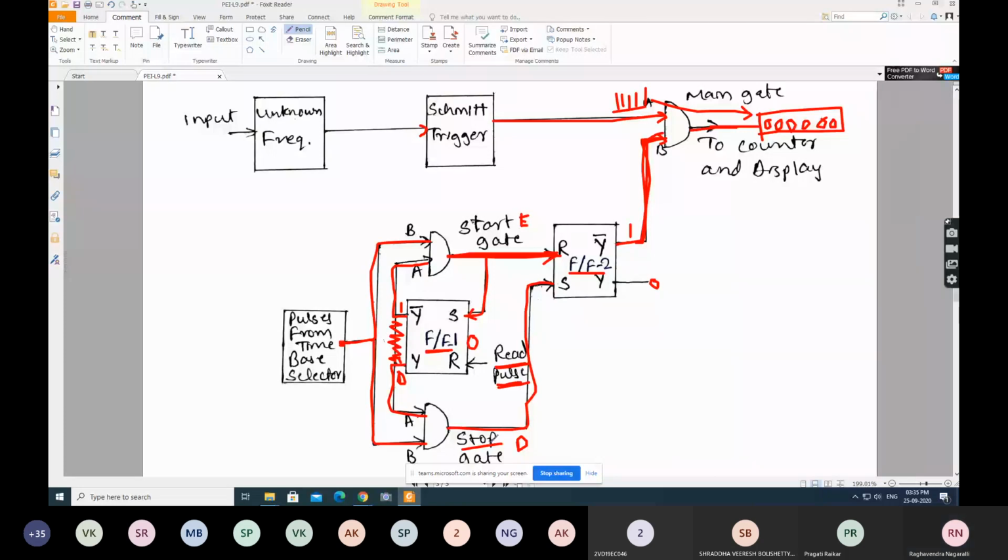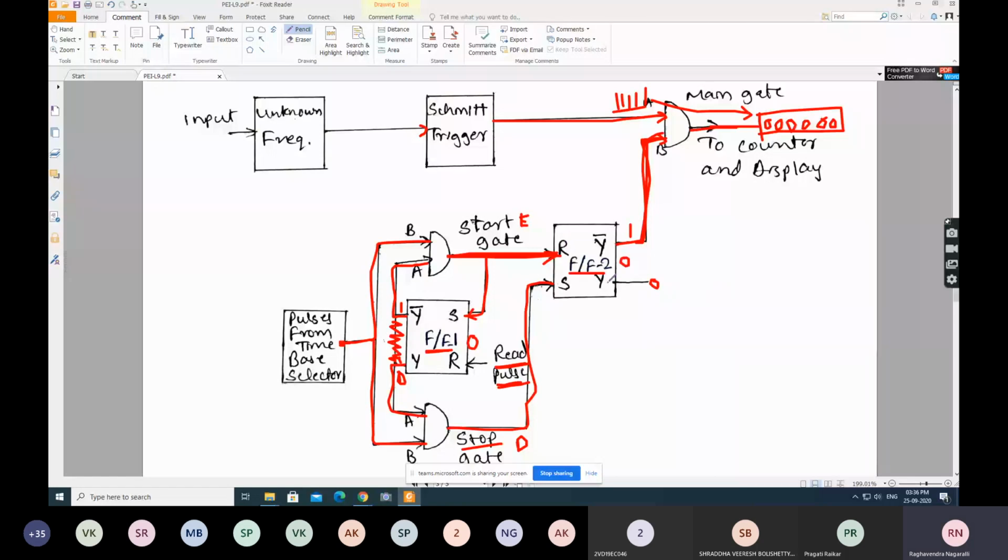Stop gate is disabled. So we know that pulses are continuously coming out of this time-based selector, which are given to this point B of both gates. But the stop gate is disabled, so the pulse will not pass through this. But the start gate is enabled, so the pulse from the time-based selector will pass through this gate, and it is given as input to the reset pin of the SR flip flop 2, making it a 0 state.